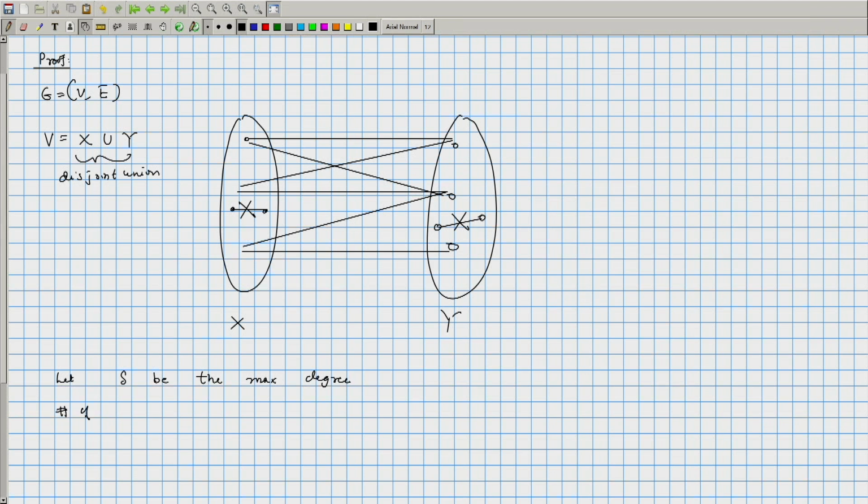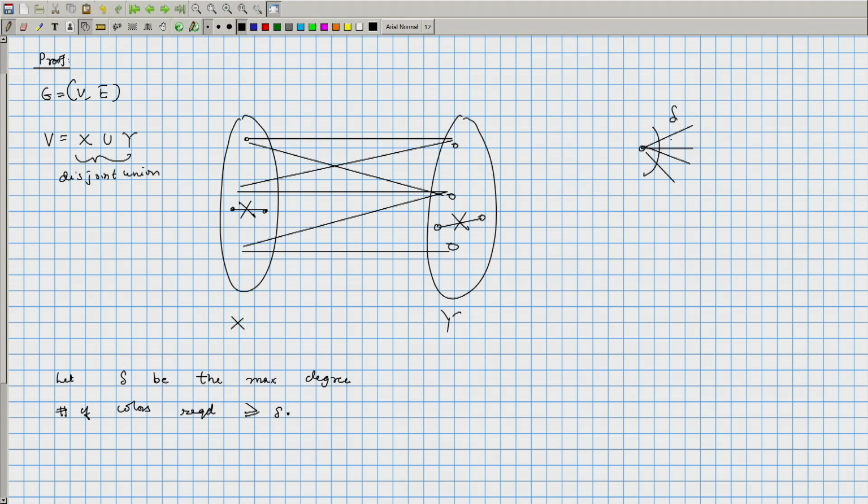The number of colors required is going to be greater than or equal to delta, because at least delta is required. This is because if you look at that particular vertex with degree delta, each of these edges must get distinct colors. So, the number of colors required definitely is greater than or equal to delta.